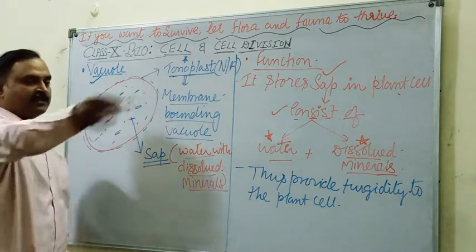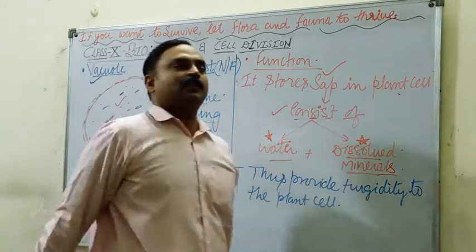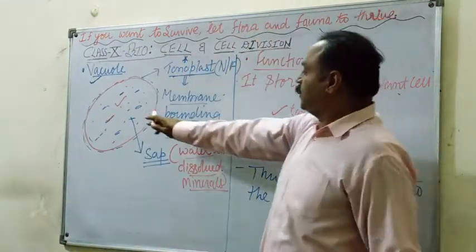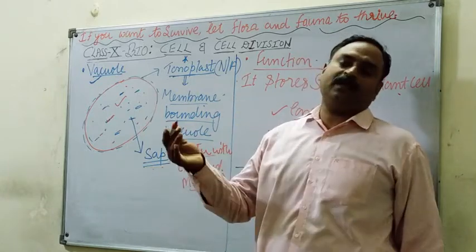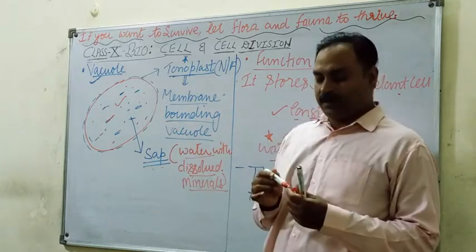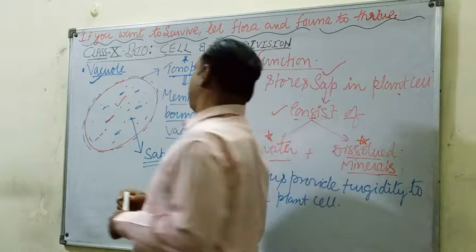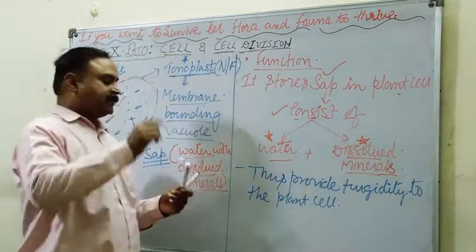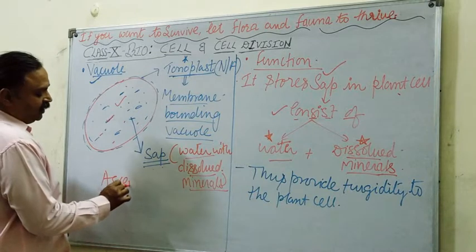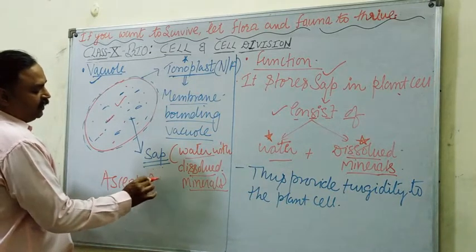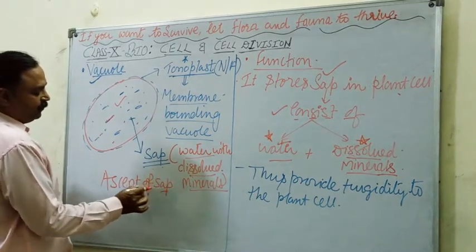Now in the forthcoming chapter of class 10 you are going to study vacuole and sap in detail in the osmosis chapter. And in the osmosis chapter you are going to study a topic called ascent of sap.